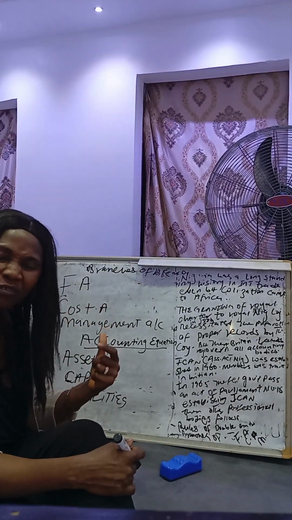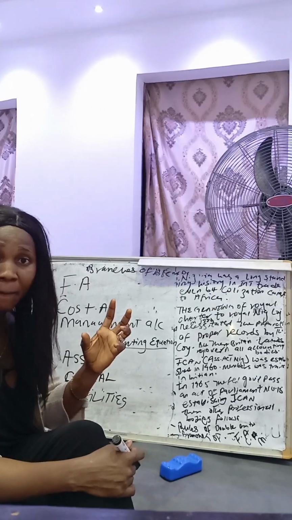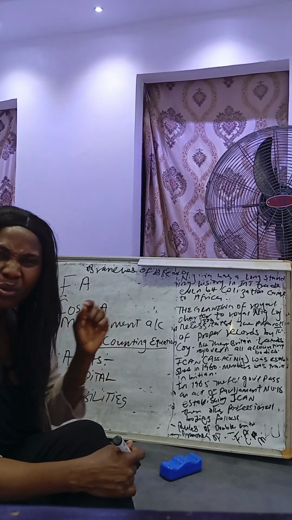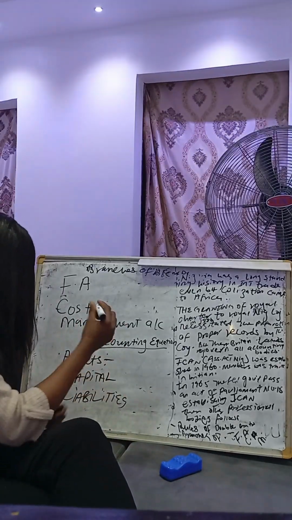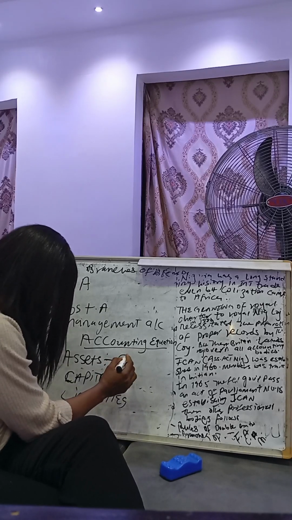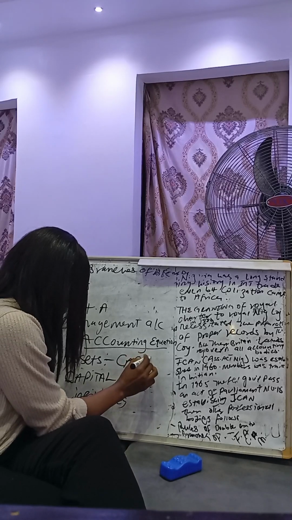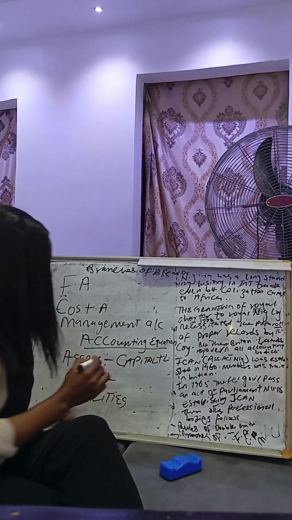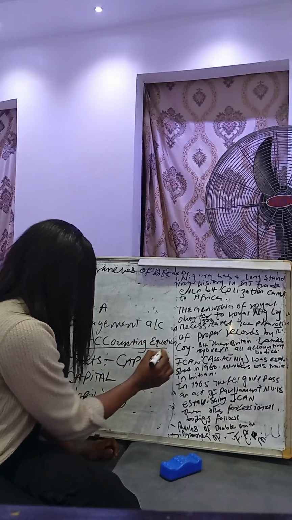I told you examples of an asset: land, building, goodwill. Those are your assets. Remember, you have control over them. An asset comprises what? Capital plus liabilities. Capital plus liabilities.